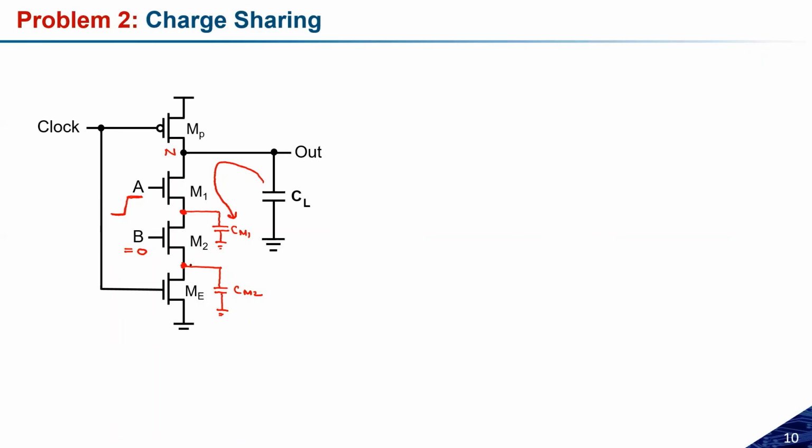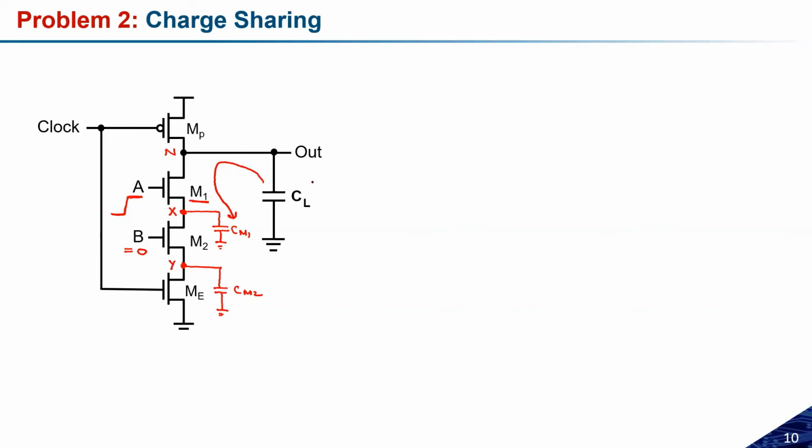Now if I am changing input A from low to high, M1 is in on state, and it will get a direct path between the dynamic node and, let us assume this node is X. So there is a direct path between node N and X.